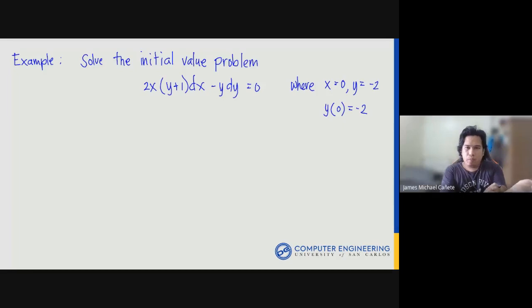So, in differential equations, there is a type of problem called initial value problems where, aside from having the differential equation defined here, we're also given additional information, and it's sometimes presented to you, the student, in two ways. Could be presented like this: x is equal to 0 and y is equal to -2. So these are values to the variables that are known at the start. So that's why it's called initial value.